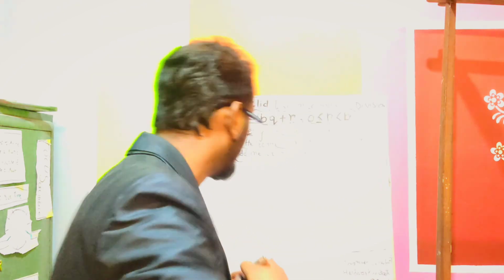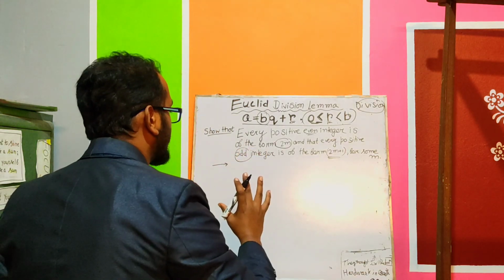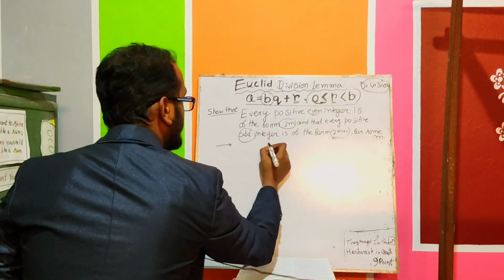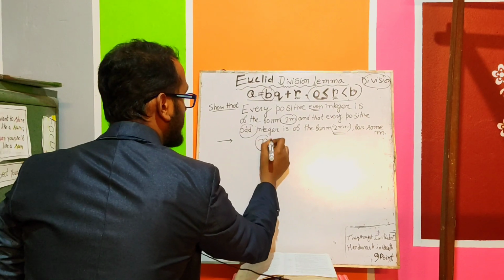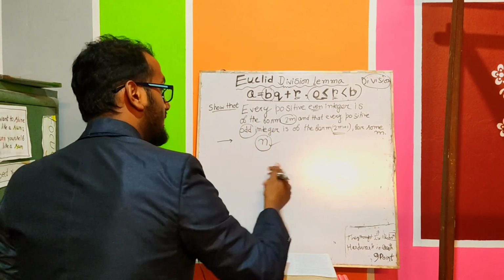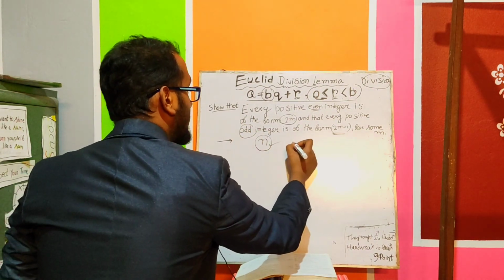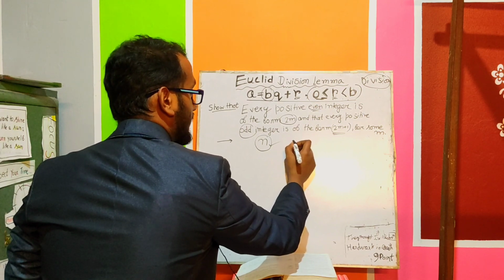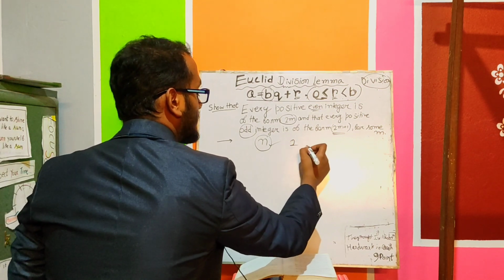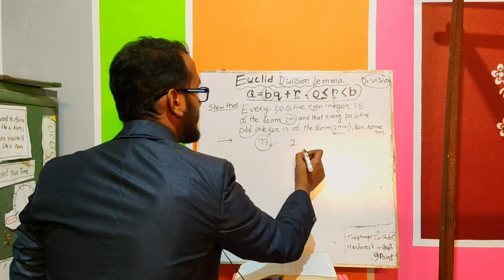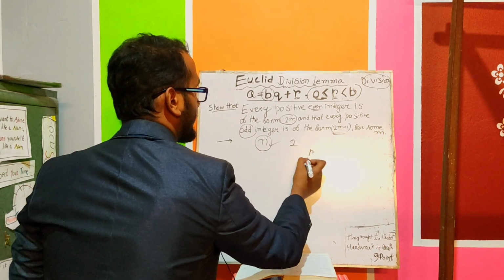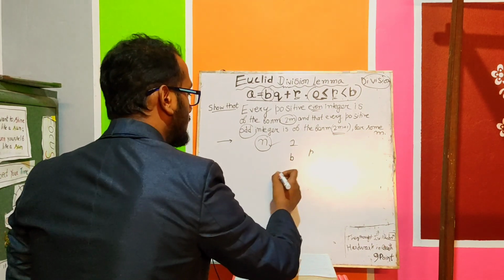For doing this one, you have to take an arbitrary positive element n. Then you have to divide n by 2, and if we divide n by 2, then we will get remainder r and quotient b.